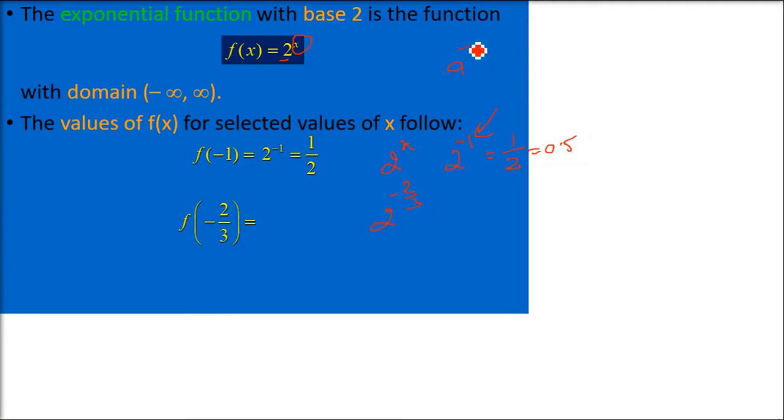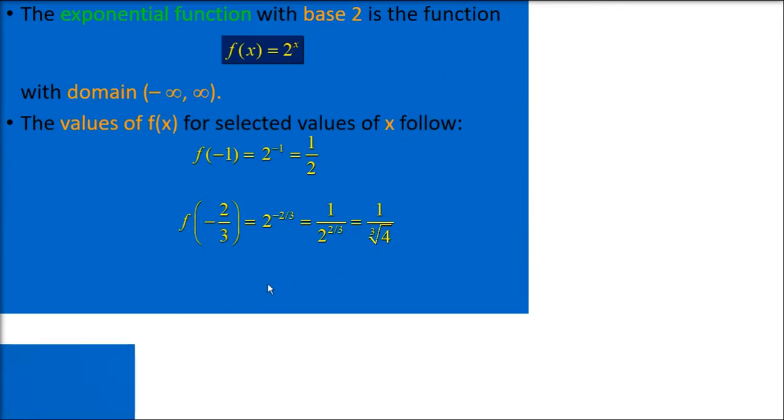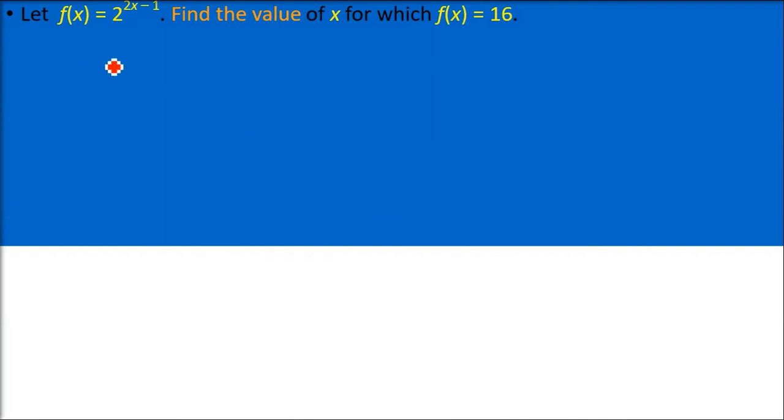You know a to the power minus m can be written as 1 by a to the power m, and a to the power m can be written as 1 by a to the power minus m. So we can write it as 1 by 2 to the power 2 by 3, 1 by the cube root of 4. This can also be written as the third root of under root 4. This is the same thing.